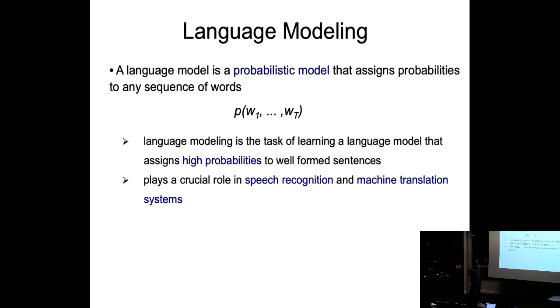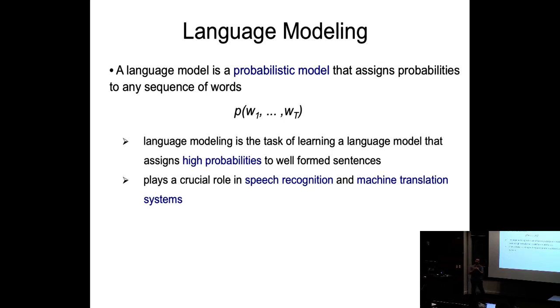here's the task of language modeling: to assign high probability to correct sentences, the well-formed sentences, and assign low probability to not well-formed sentences. This particular model plays a crucial role in speech recognition and machine translation systems. Because if the speech recognition system forms a sentence that doesn't make much sense because words are not quite right, the language model can fix it up.